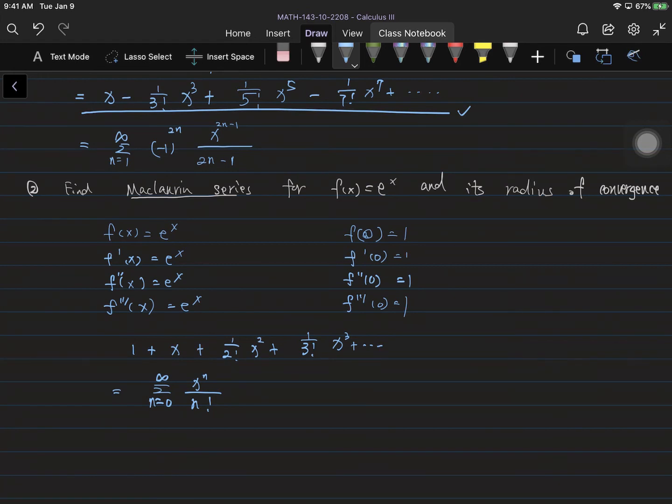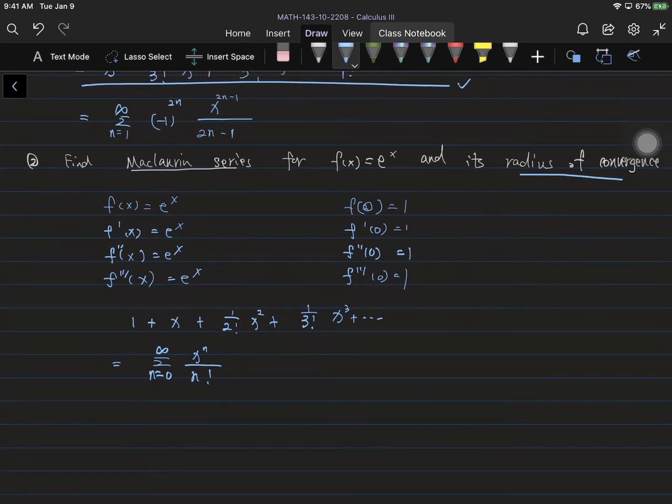And the second question, radius of convergence. We can use the ratio test. Whenever we have factorial, we like to use the ratio test, right? So it's going to be this over (n plus 1) factorial times, and simplified, it's going to be x times, in this case, 1 over n plus 1.